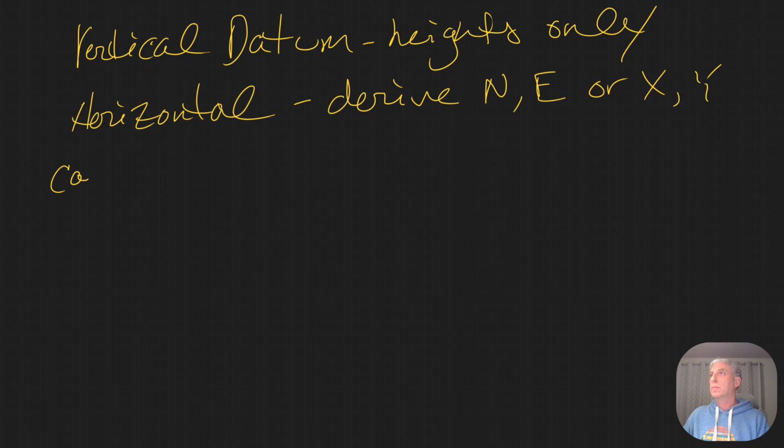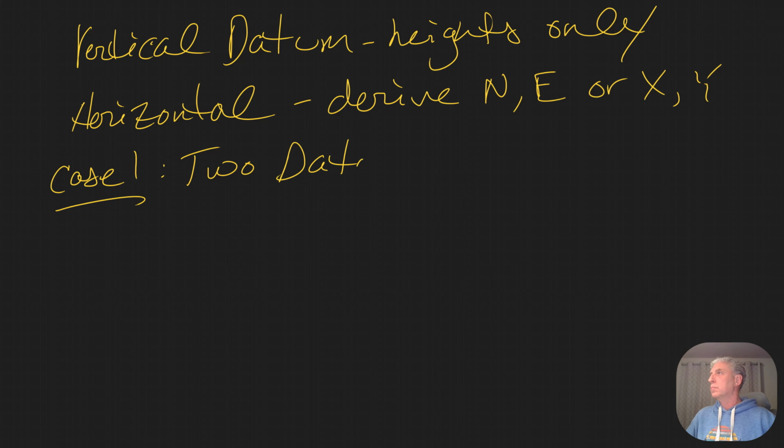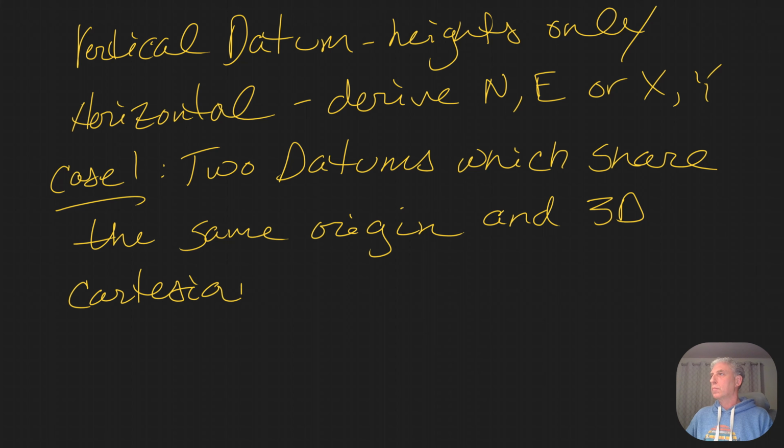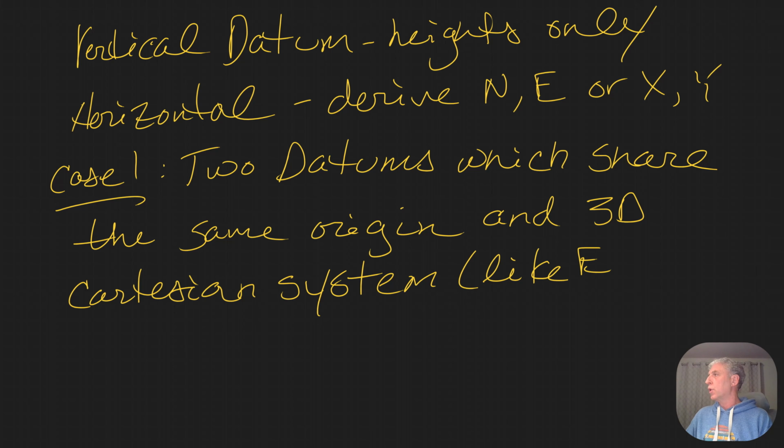So case one. In case one, we would have two datums which share or have in common the same origin and 3D Cartesian system, such as the geocentric XYZ, the ECEF, like the Earth-centered, Earth-fixed.